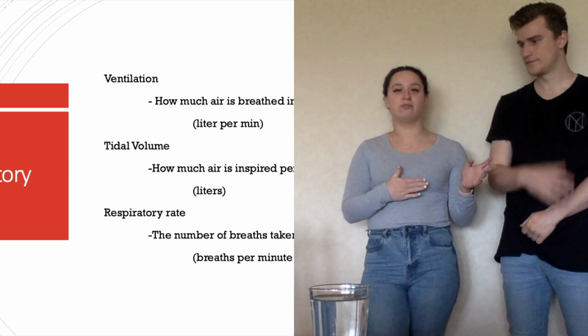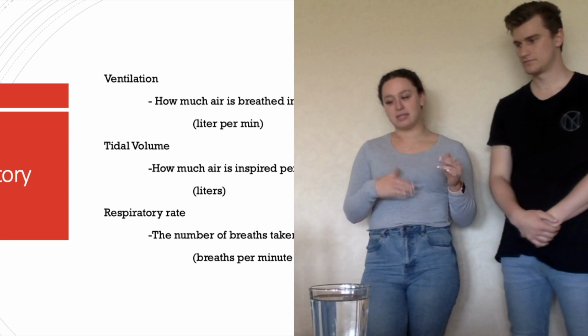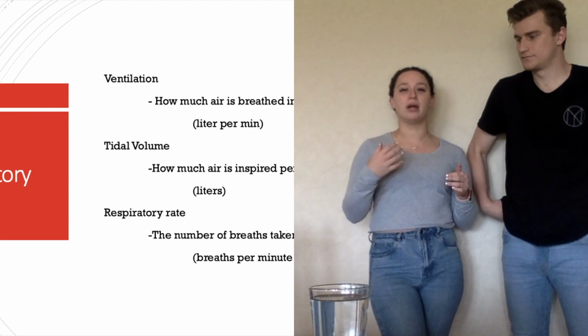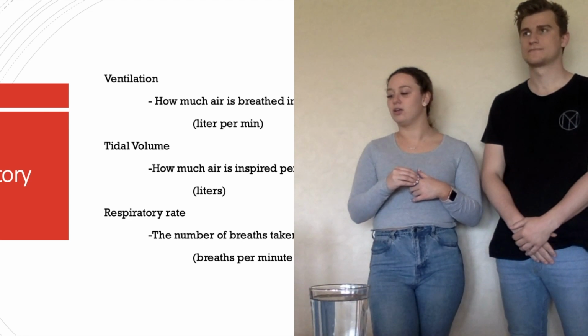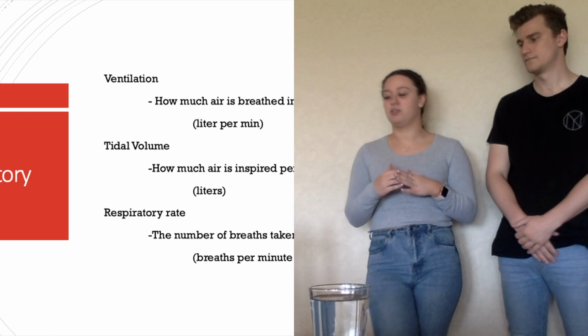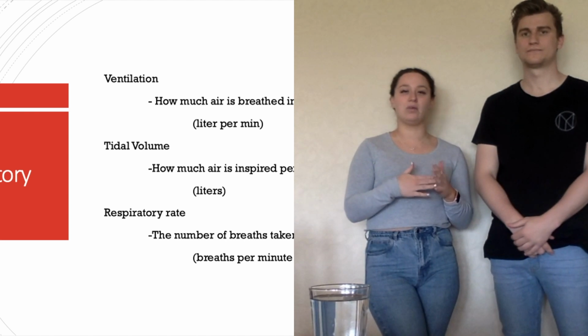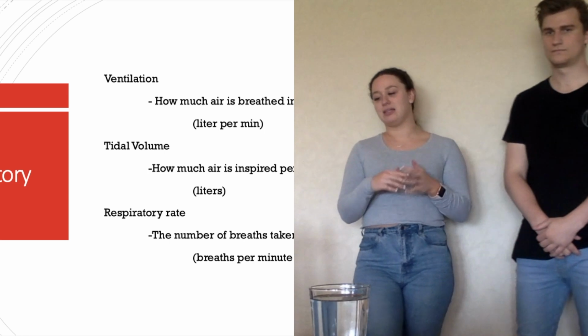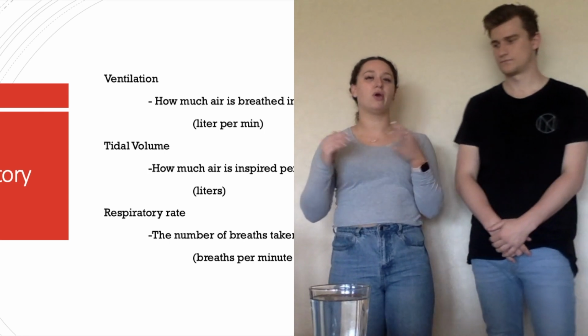Then we've got tidal volume, which is how much air is inspired per breath, in litres. Then we've got respiratory rate, which is the number of breaths taken in 1 minute, in breaths per minute.